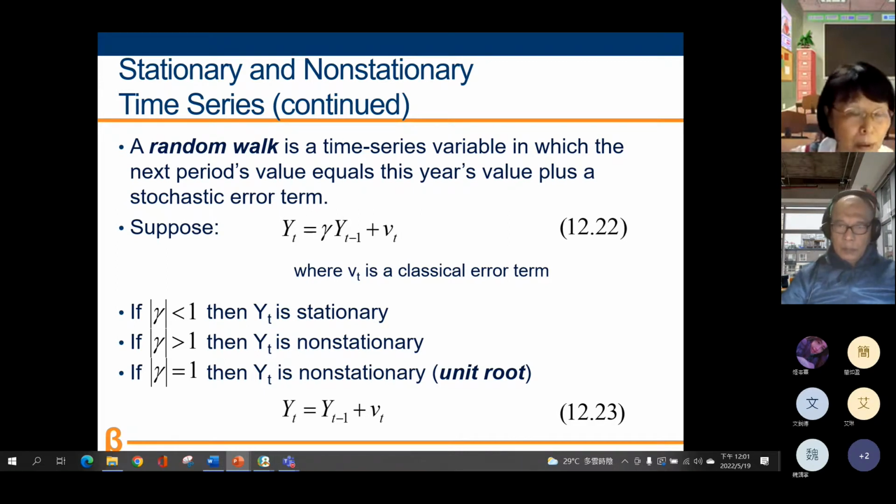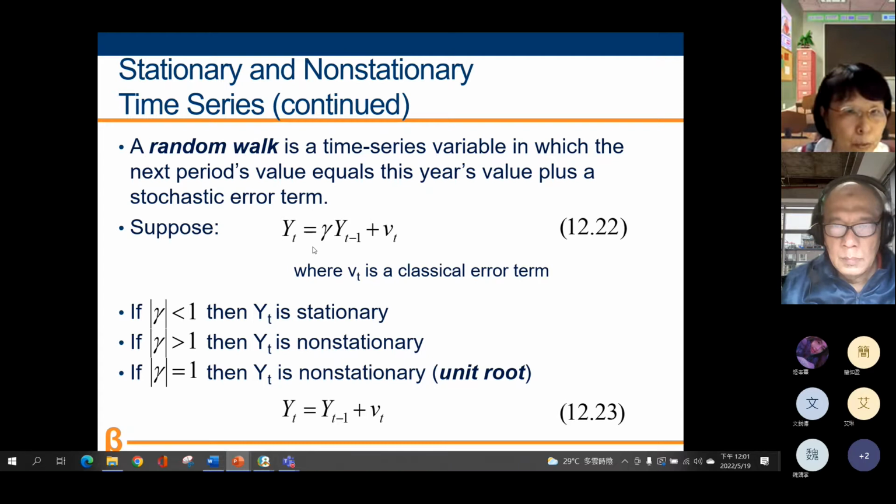We call equation 12.23 the random walk, and gamma equal to 1 is called the unit root. So if a variable has a unit root, then equation 12.23 holds, and the variable follows a random walk and is non-stationary.